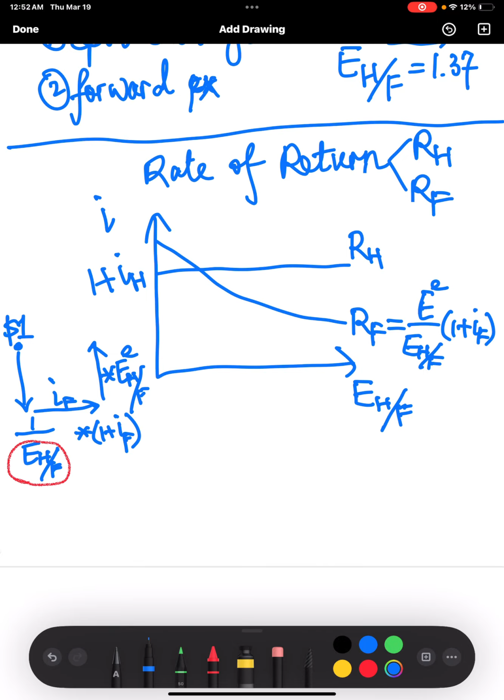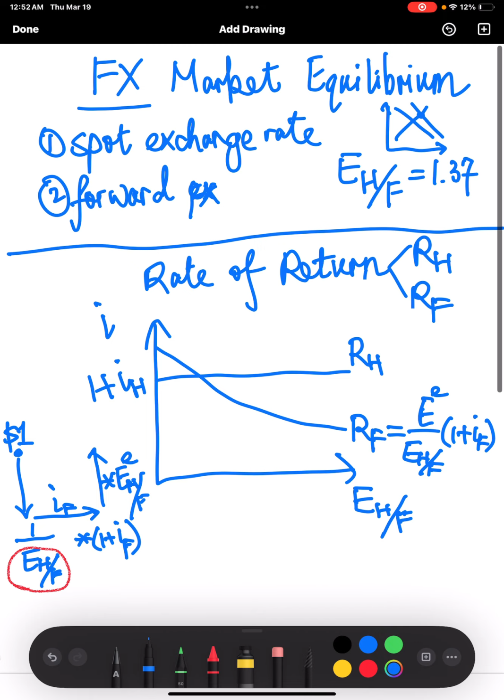So to get the foreign exchange market equilibrium, we are really equating the rate of return at home with the rate of return abroad.